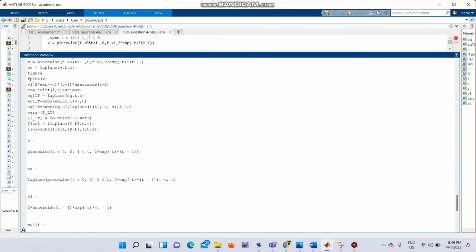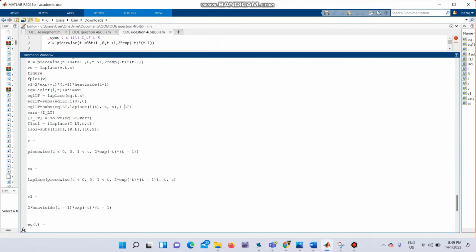The next is equation 1 LT equal to subs bracket equation 1 LT, I naught and 0. The next is equation 1 LT equal to subs bracket equation 1 LT, laplace I(t), t and s, bracket I_LT. The next is vars equal to I_LT.